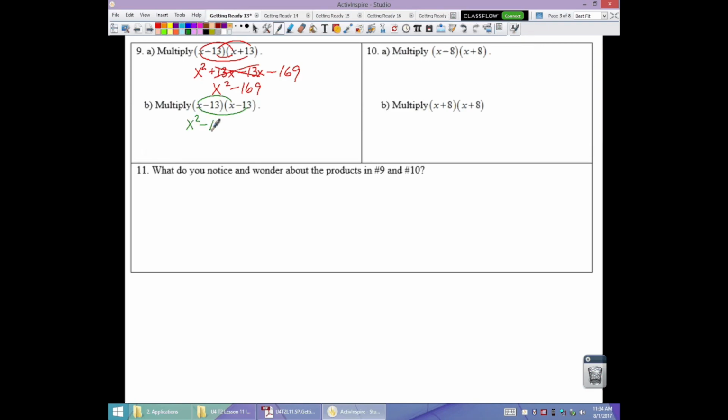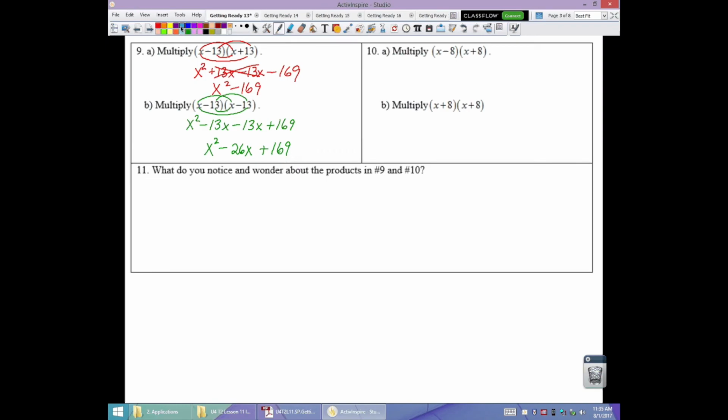Outers, instead of getting one positive and one negative for the outers and the inners, we get both of them as negative 13x. And then the last, instead of being negative 169, is positive because the signs of those two constants are the same. So now, rather than canceling the two middle terms, we combine them and end up with x squared minus 26x plus 169.